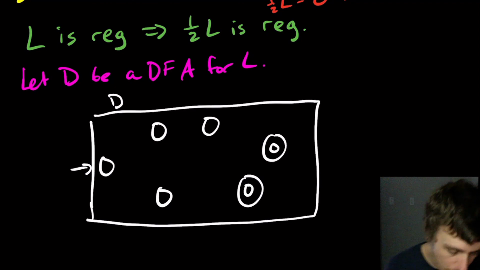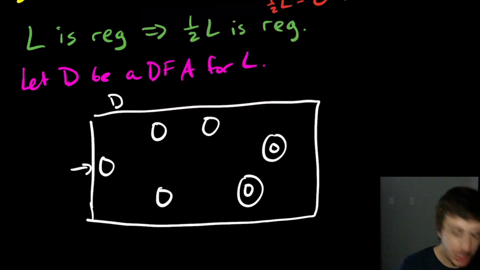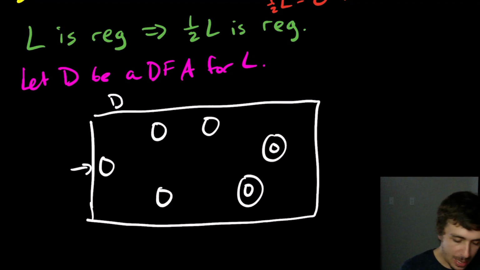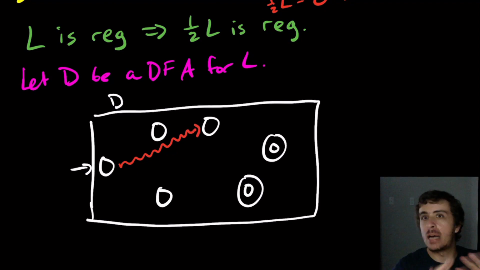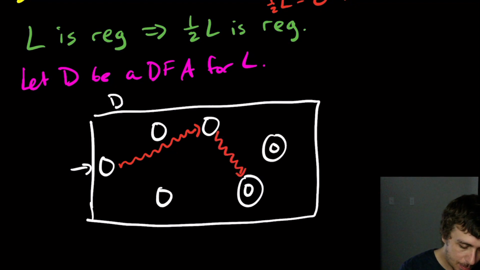Okay, well, let's say that we are looking at some string that is in this language, which means it does end up in a final state when run through this DFA. And let's say that it's a somewhat long string. And let's assume that it's even length, because all the odd length strings are thrown away anyway. So let's say that we have something like this.